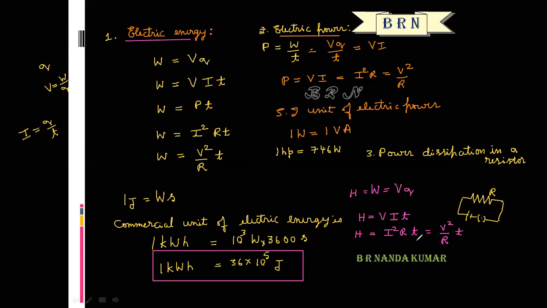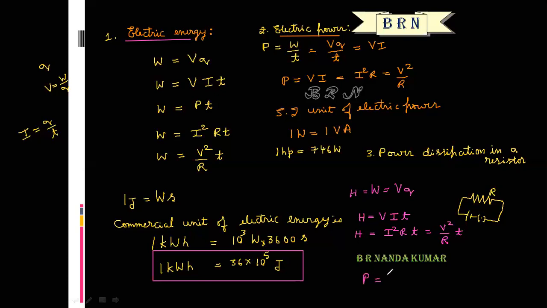Actually, in series combination of resistors, I is constant, which means higher resistance dissipates more power. So here what is the power loss?